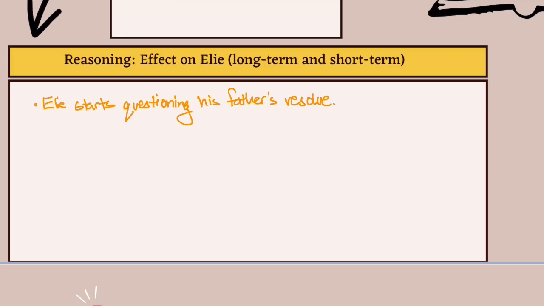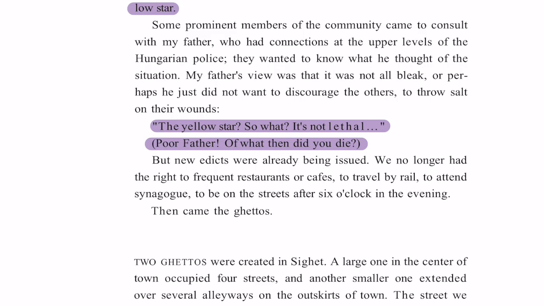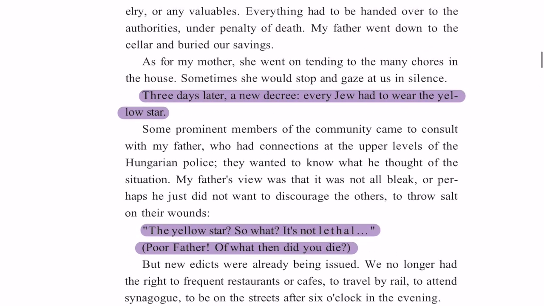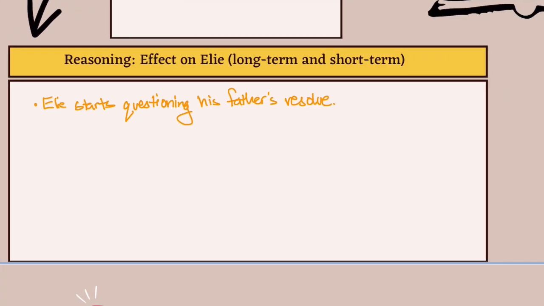What's another effect? What's maybe something else we can touch on? Let's see. If we go back to the text, look what he says here. "My father's view was that it was not all bleak, or perhaps he just did not want to discourage the others, to throw salt on their wounds." Maybe this is confusing Eli a bit because his father has always been unsentimental, always been distant.